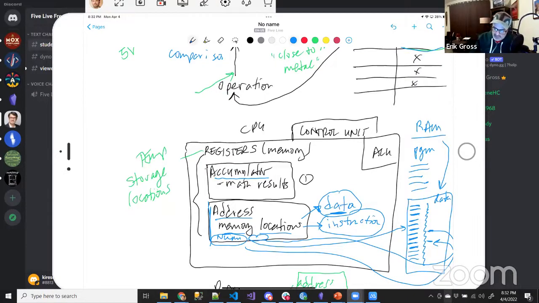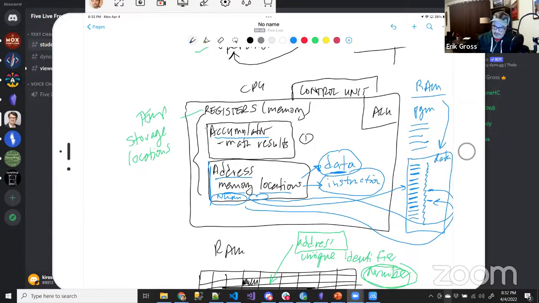Okay, good. So I said that there were 3 different kinds of registers. The accumulator is very obvious. It's got a very dedicated purpose. We're going to store math results in there until they're needed somewhere else. The address register is going to hold the address of a specific memory location, that is either telling the computer where to get the next instruction or where to get the data it needs in doing some work. The last one is just called a storage register.